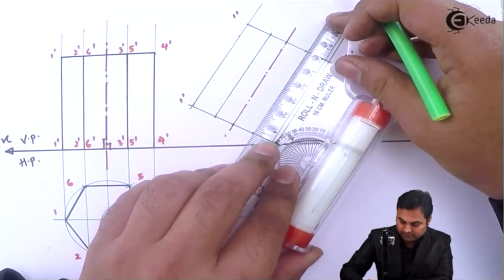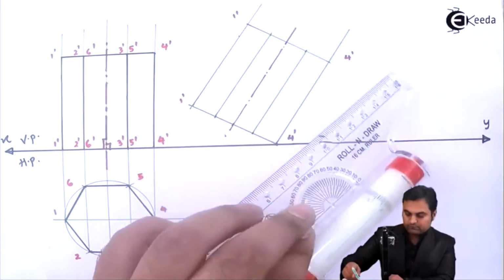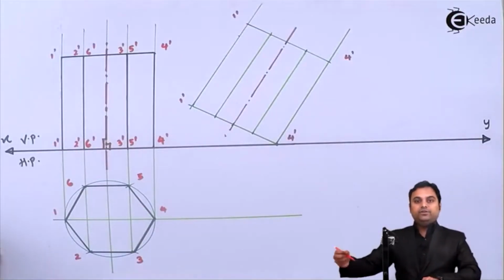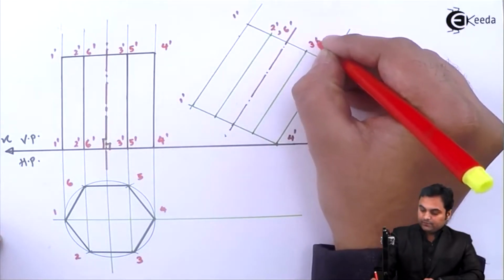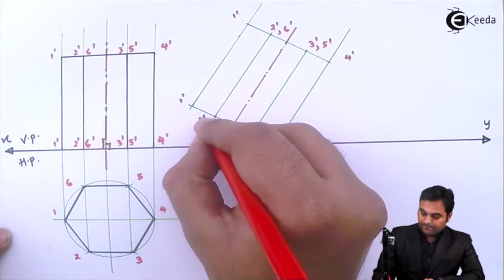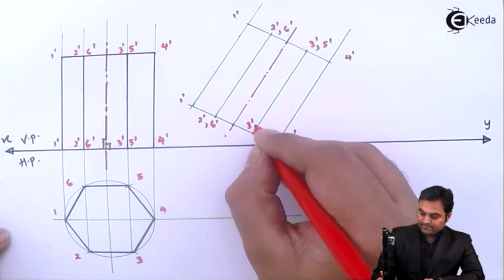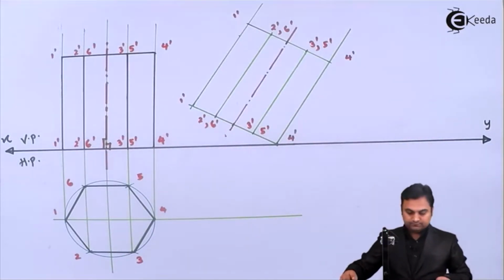Joining with a light line. So giving the notations here, 2 dash, 6 dash, 3 dash, 5 dash. Next, I'll make it dark.